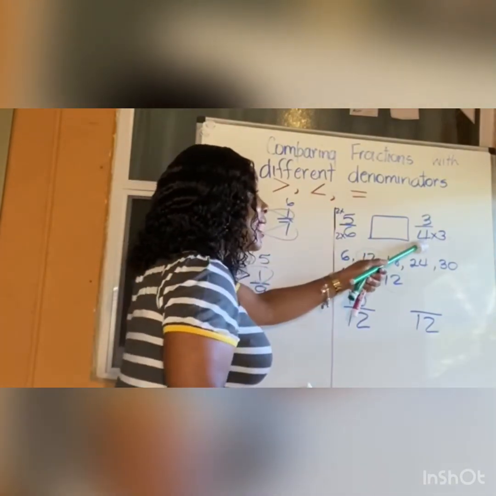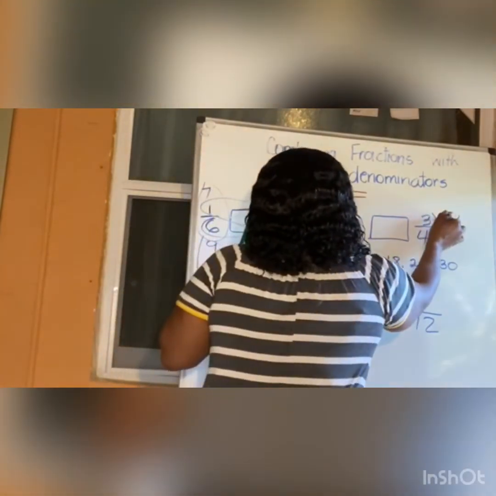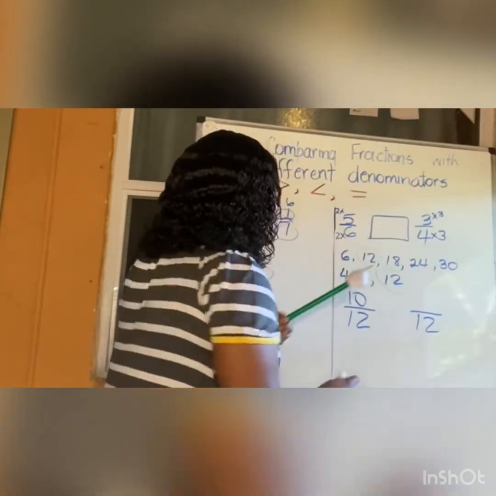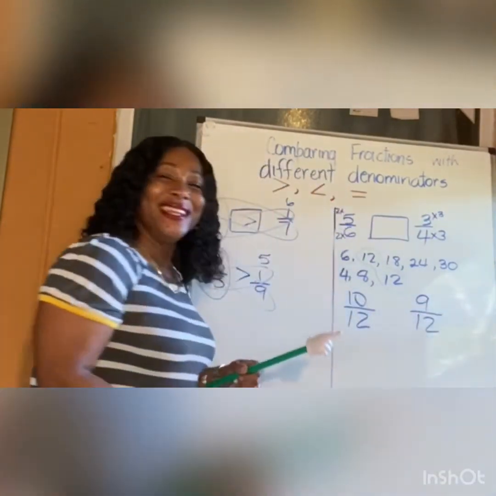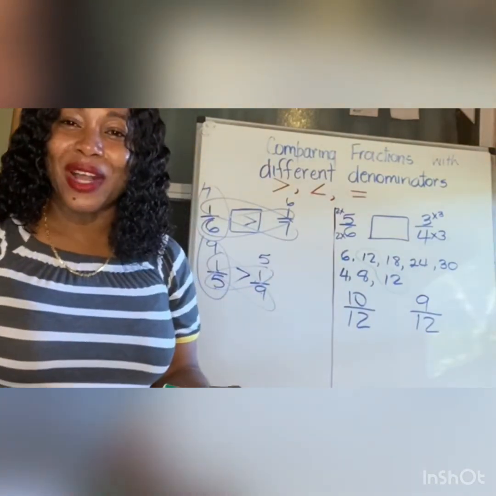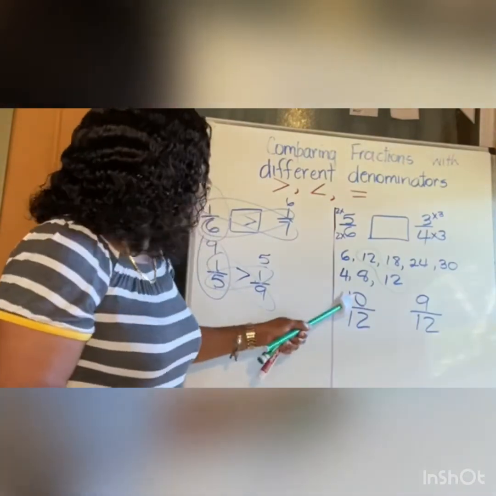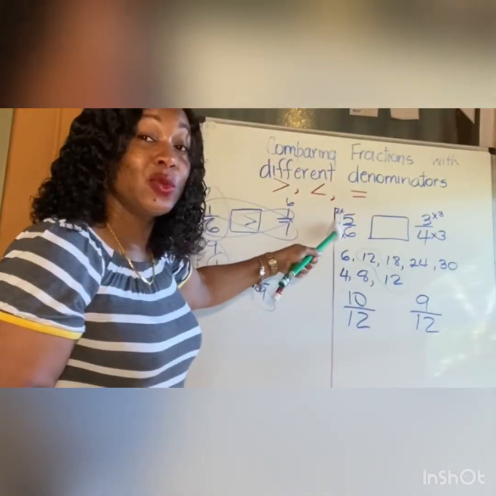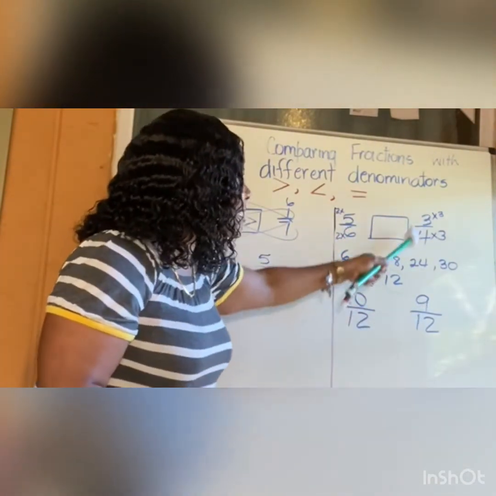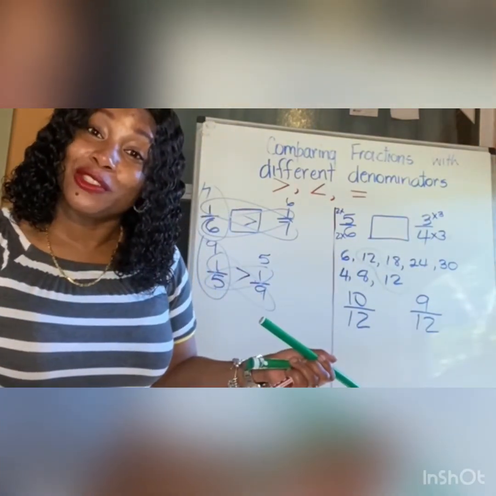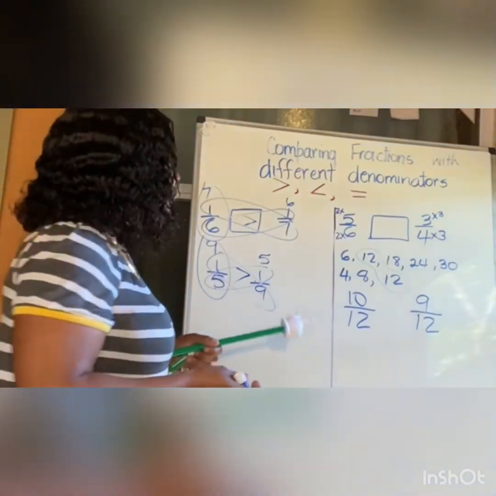And anything I do to the denominator, I need to do it to the numerator. So 3 times 3 is 9. Now I have 2 fractions that are named 12s. This one is equivalent to this one, and this one is equivalent to this one. So I can use them to determine which is greater or which is less.